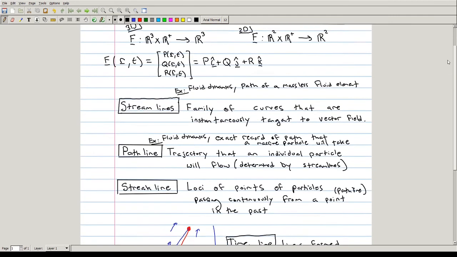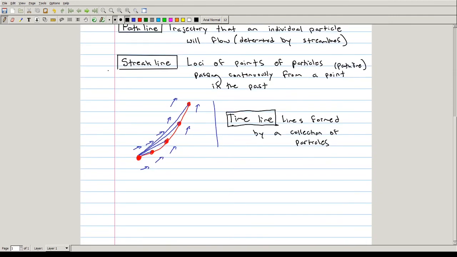Now, for our analysis, we're going to stick with relatively simple vector fields to start out with. These are vector fields that are steady, or constant with respect to time.